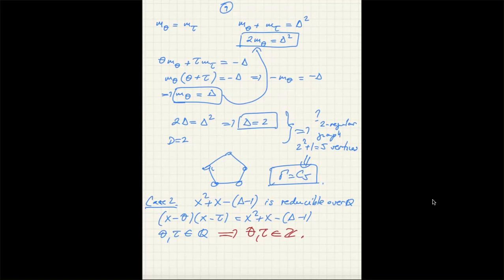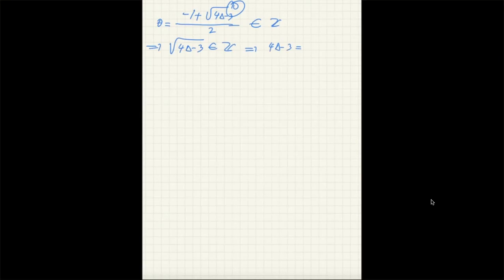And so what do we get from here? Well, we're almost done. I have that theta, which was minus 1 plus the square root of 4 delta minus 3 over 2, is an integer. So it must be that the square root of 4 delta minus 3 is an integer, and so 4 delta minus 3 must be a perfect square. But because 4 delta minus 3 is odd, this has to be a perfect square of an odd number.